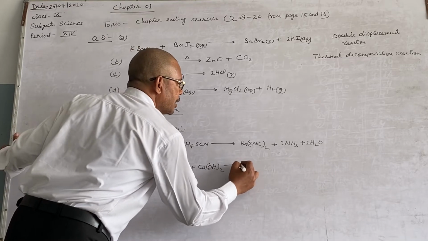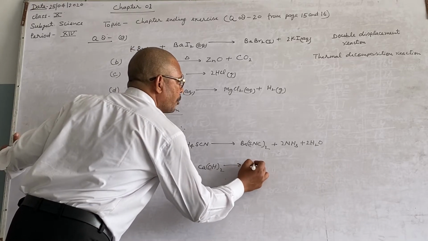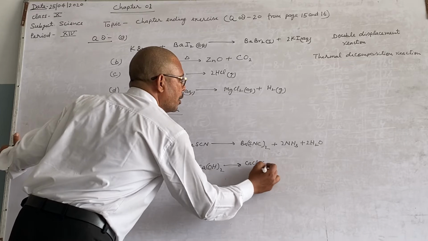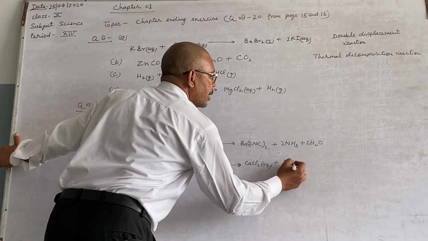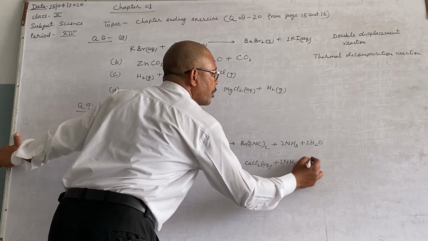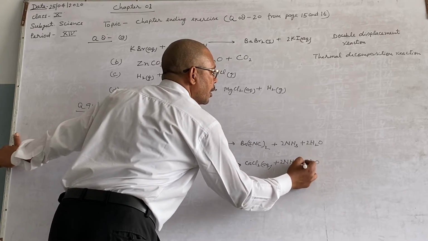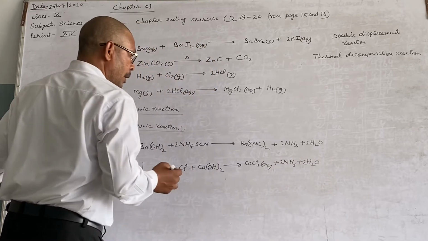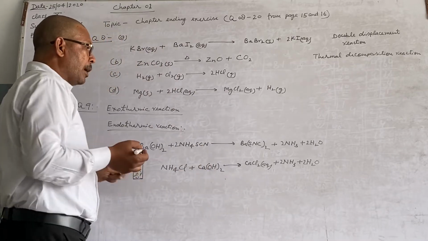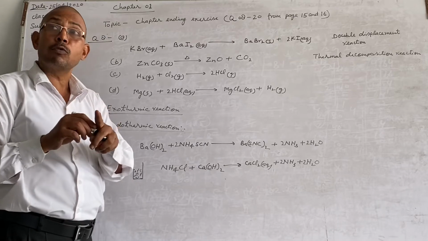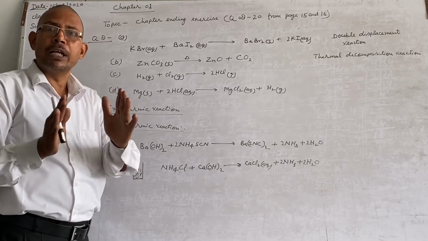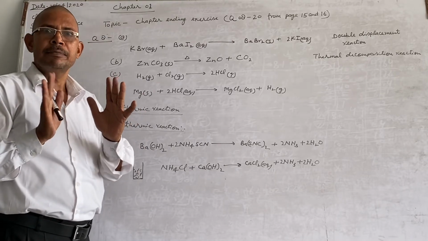You will get calcium chloride aqueous plus ammonia gas plus water. So this is also an example of endothermic reaction. That is, the reaction mixture gets cooled, right?